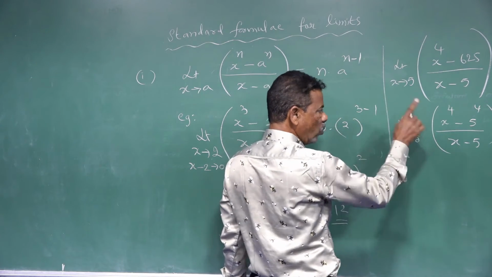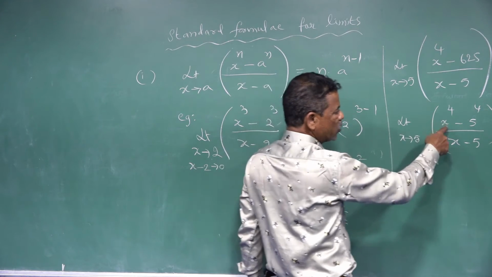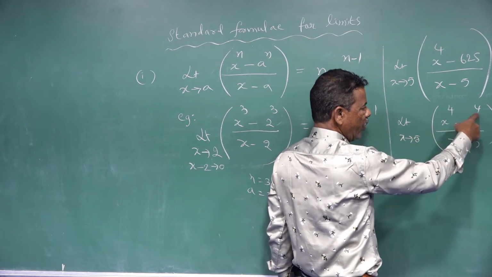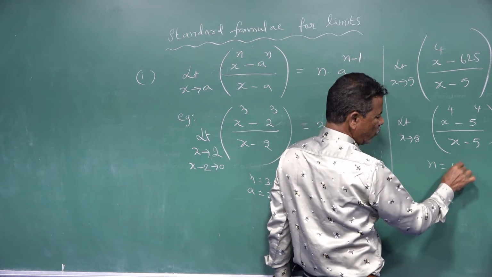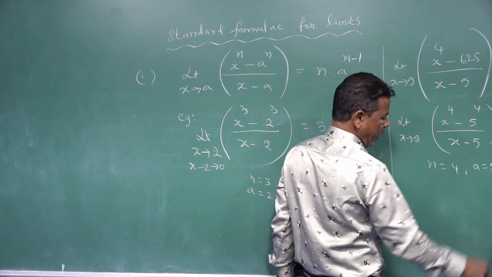This is also according to the formula x to the power n minus a to the power n by x minus a. So here n is equal to 4, a is equal to 5.